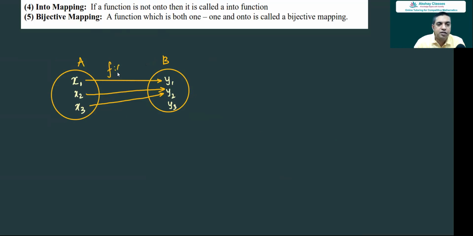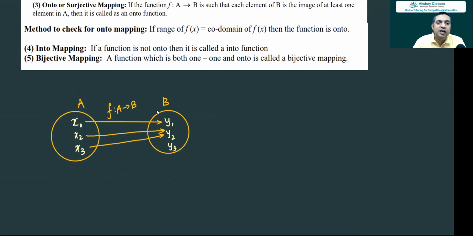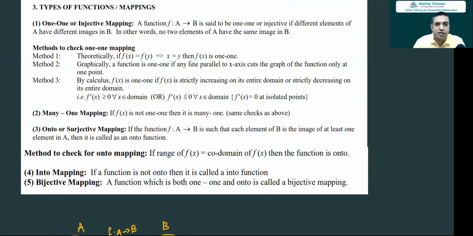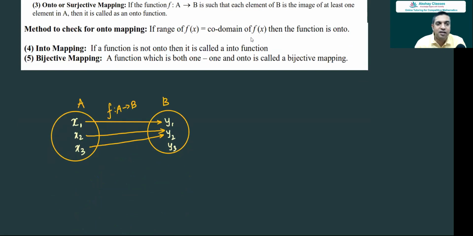So there's a function f mapping A to B. Now this is not a one-one function. Why? Because two elements in A are mapped to, or associated with, one element in B. So this cannot be called a one-one function. So a one-one function, or injective mapping, is one in which no two elements in A have the same image in B.